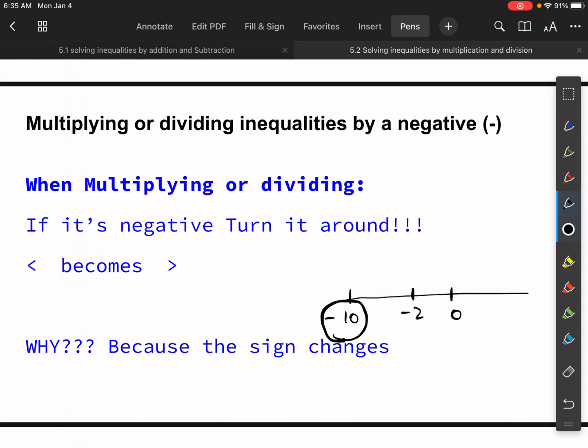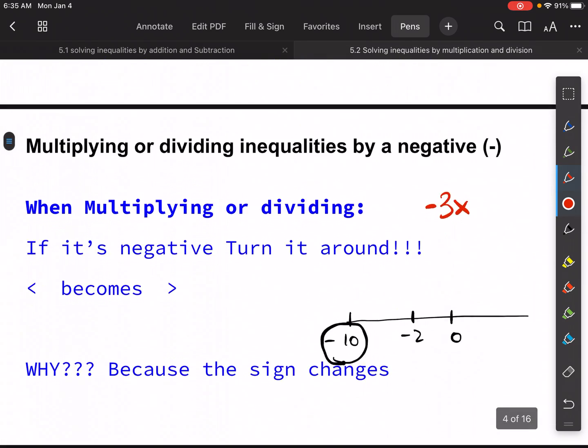So let's go back to that same example, but change a couple little things. If we have -3x is greater than 9, if I want x by itself, I have to divide by -3. Whenever you divide across the inequality, on both sides, you have to switch the sign.